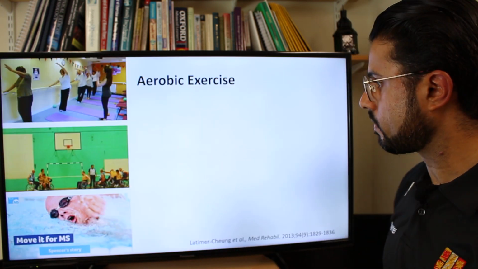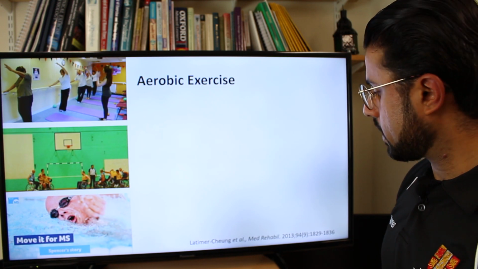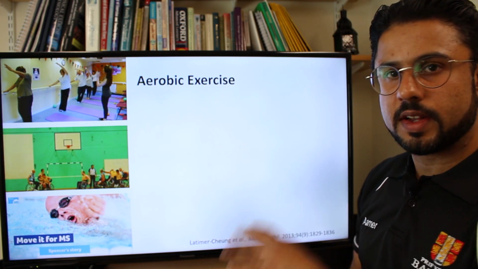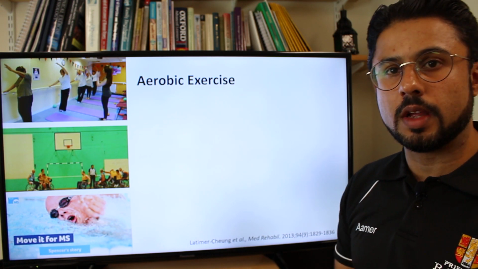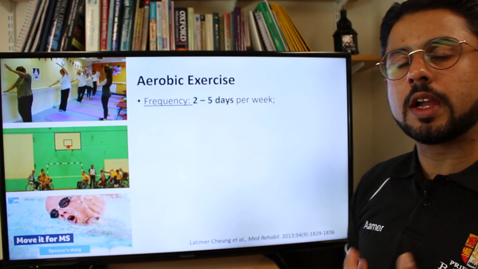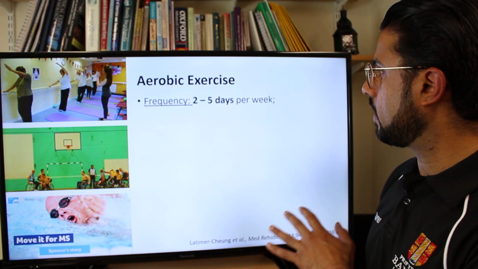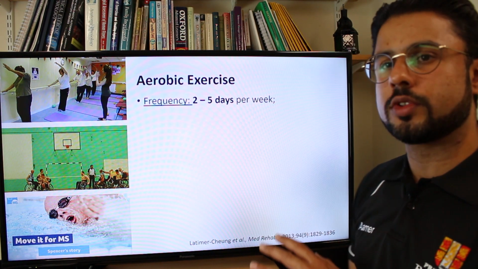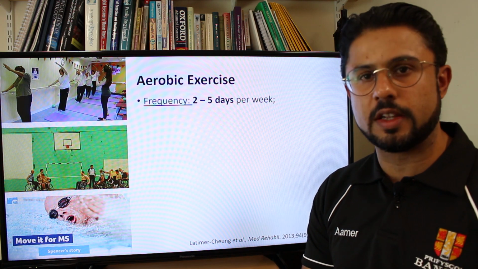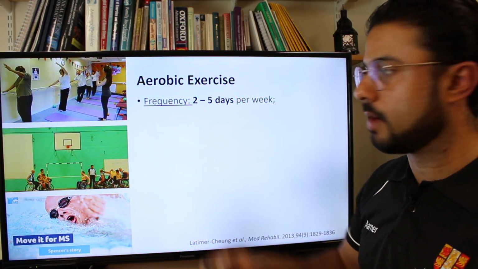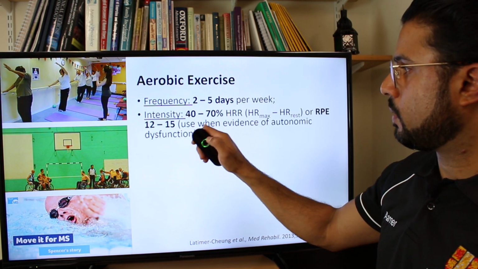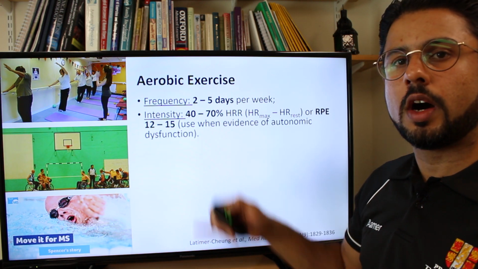So aerobic exercise, and again, Latimer Chung has done some fantastic work in this area, and the references are here if you wanted to read more information. The recommendation is 2 to 5 days per week. Now, if you had a patient who is severely deconditioned, they're just starting exercise, you'd want to be at the lower end of that recommendation. Similarly with intensity, 40 to 70% of heart rate reserve.